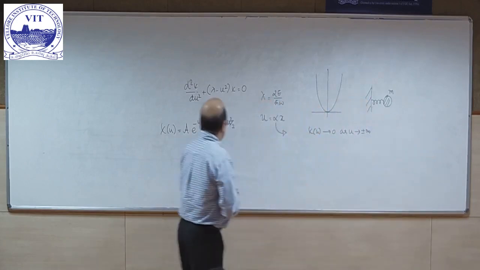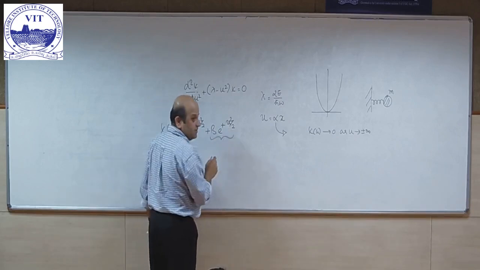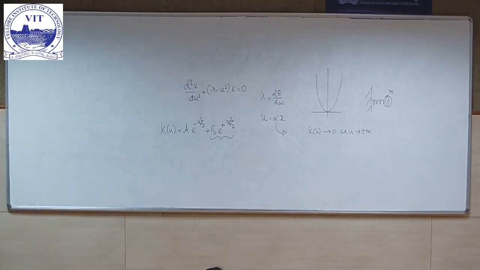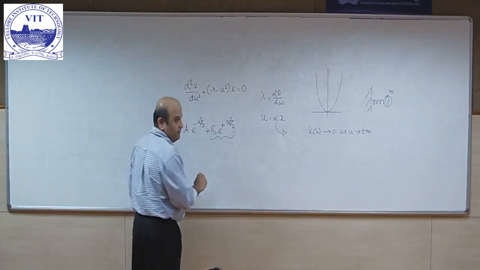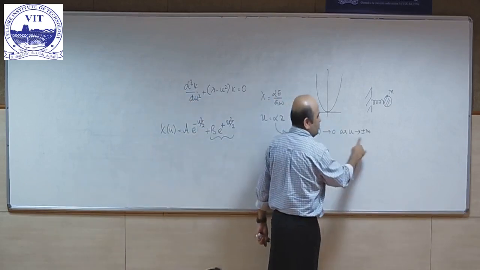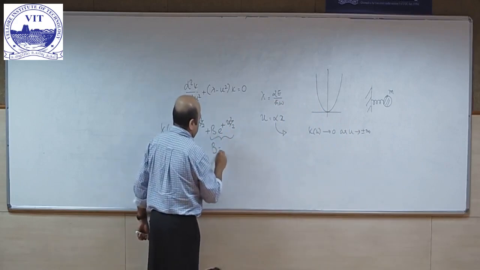Now, as you increase u, this term actually diverges. It's a positive quantity, and e power u square increases really fast. So the only way you can have a meaningful solution, where psi goes to 0 as u increases, is to consider b equal to 0.